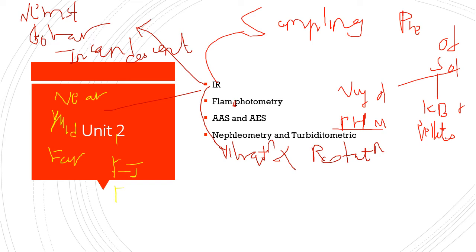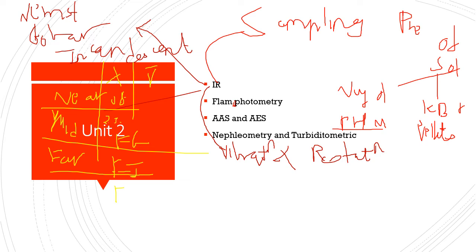Here what is more important is the range in terms of wavelength and in terms of wave number. You need to know, near IR is 0.8 to 2.5, mid IR is 2.5 to 50, and far is 50 to 1500, and the wave number is 12,500 to 4,000, 4,000 to 400, 400 to 40.